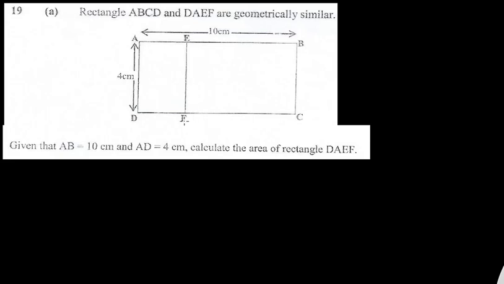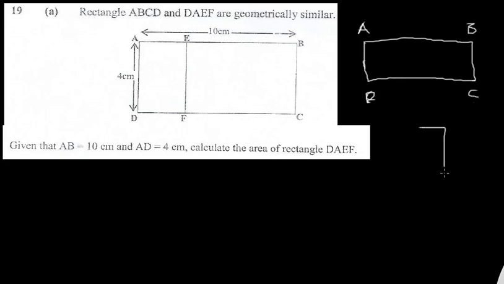We've got the first rectangle, which is A, B, C, D, and the second rectangle, which has A, E, F, and D. And this is 4 centimeters, this is 10 centimeters, and this is 4 centimeters.